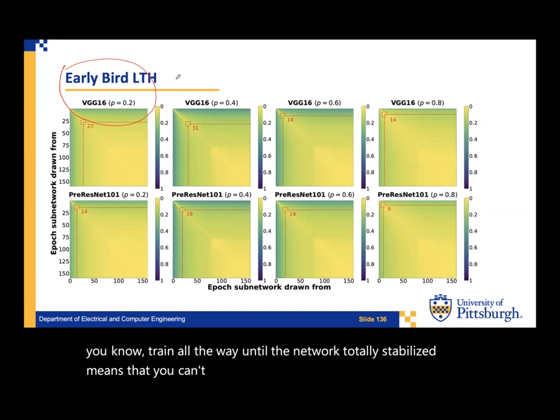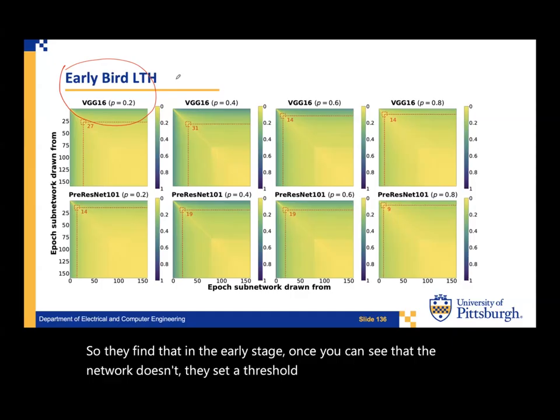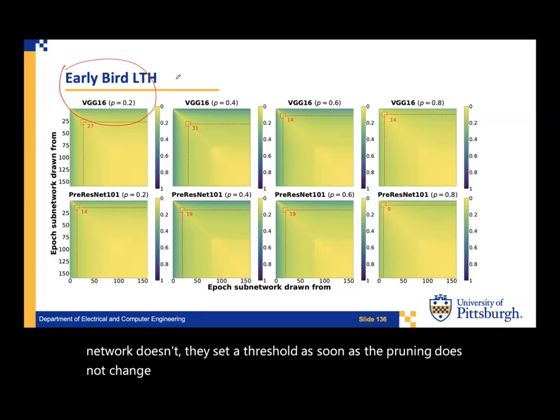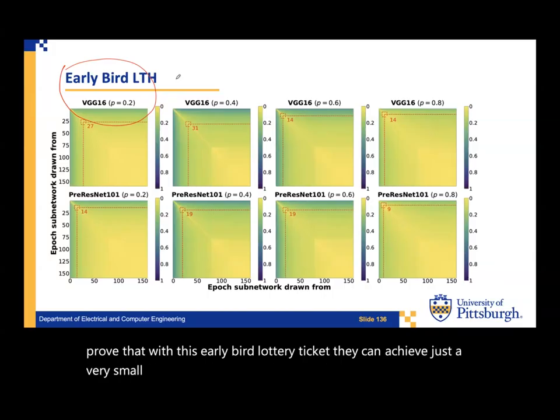In the early stage, they set a threshold: as soon as the pruning does not change the network as much, they just stop. And they show that with this early bird lottery ticket, they can achieve just a very small accuracy sacrifice compared with the original dense network.